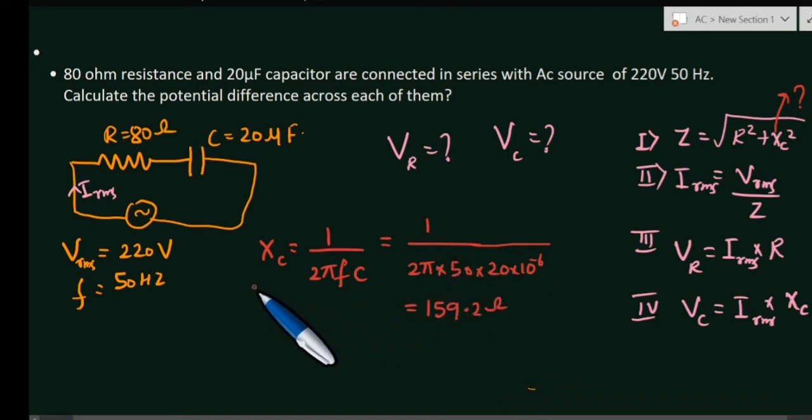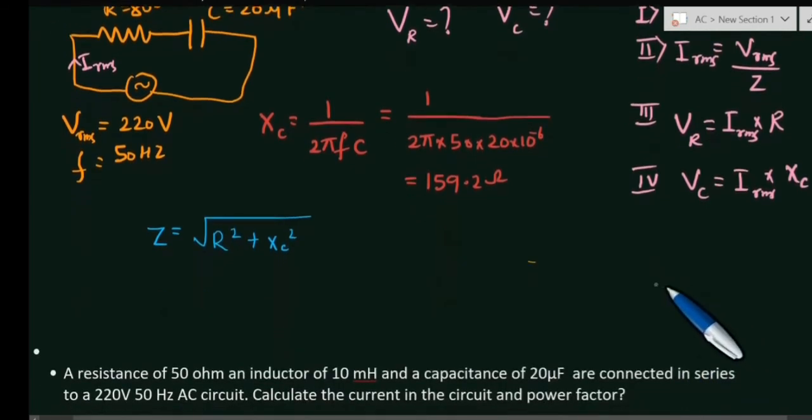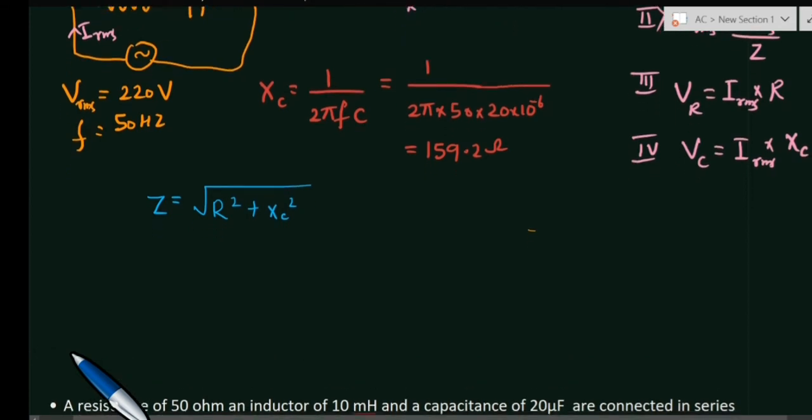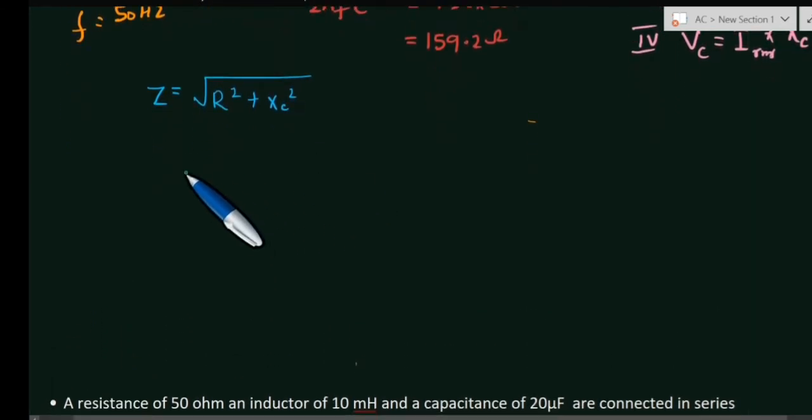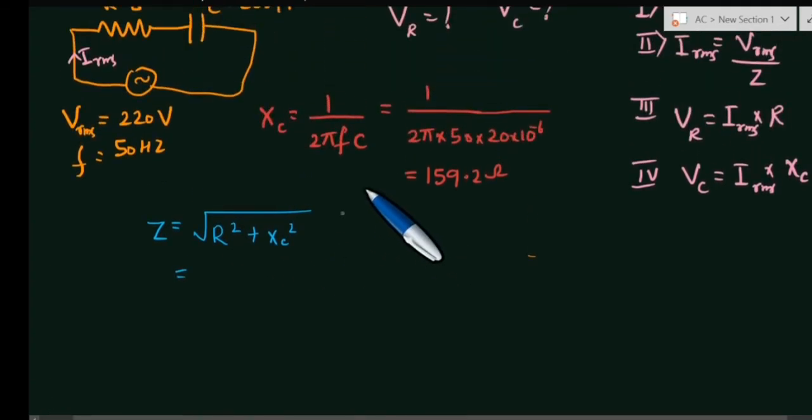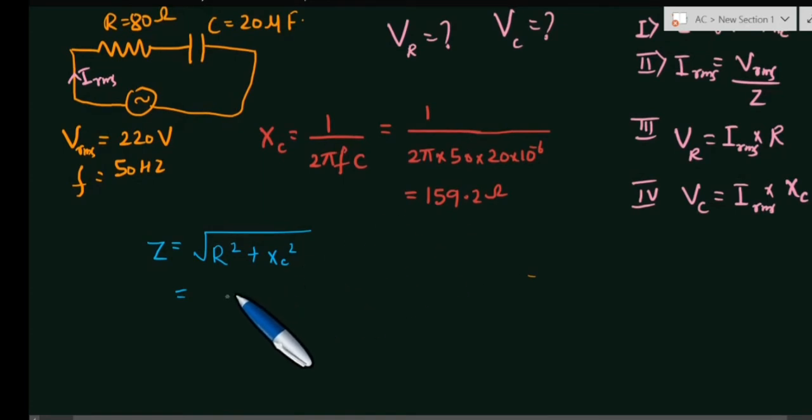Once after getting the value of XC, we can start from first step. The first step is the value of Z. So Z is equal to square root of R square plus XC square. So substitute all the values. R value is given, that is 80.